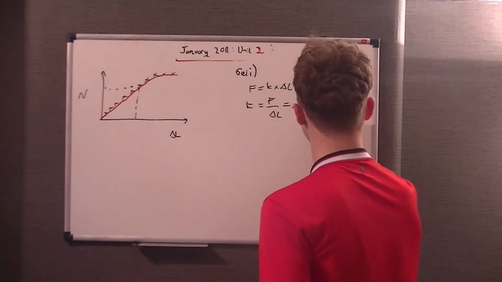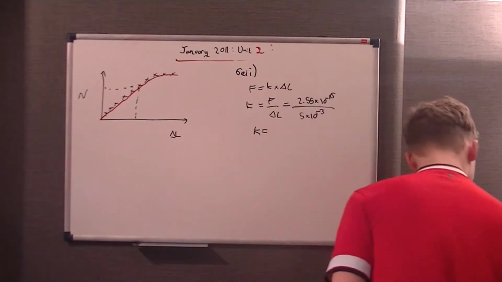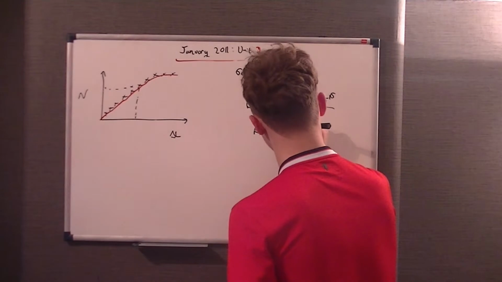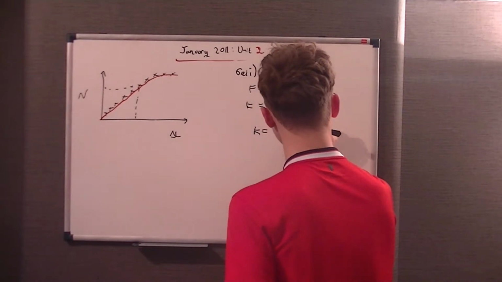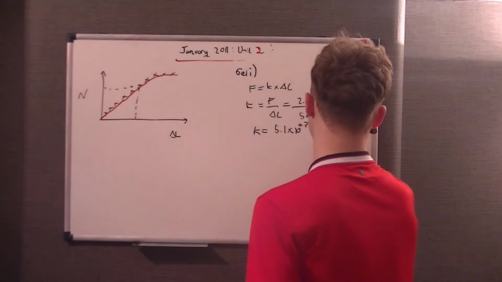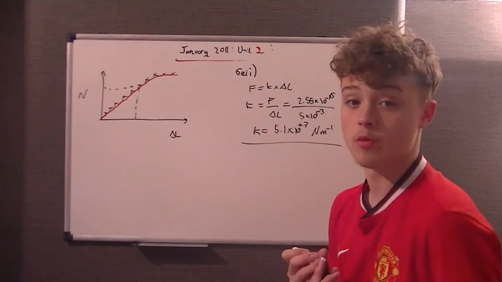That gets you a constant of proportionality K, the spring constant, of 5.1 times 10 to the 7, and that's newtons per metre. You need to make sure you have the units on the end, otherwise you won't get the mark.